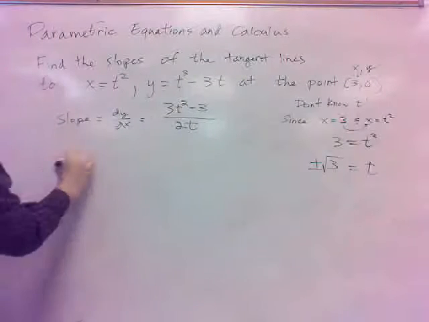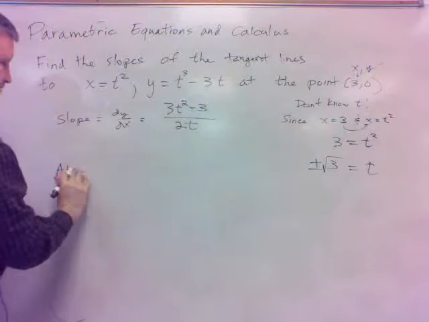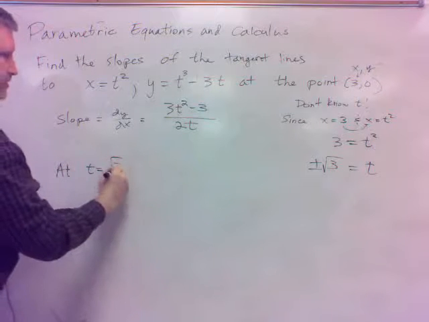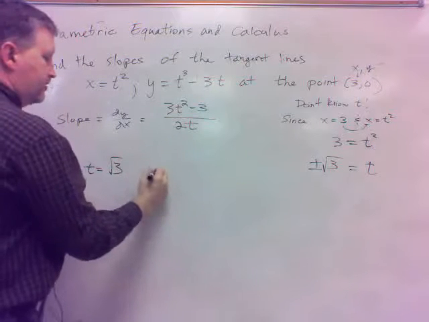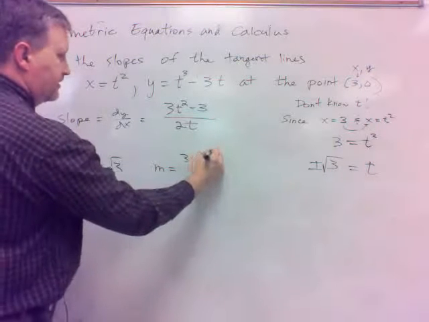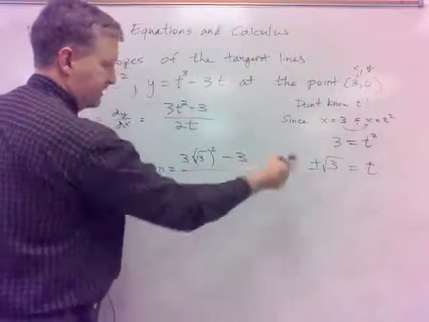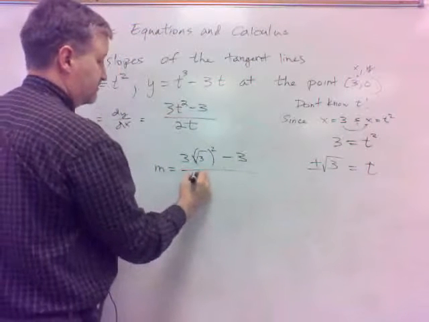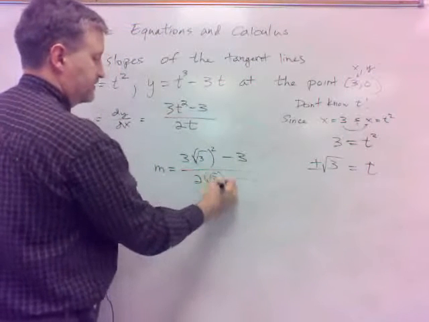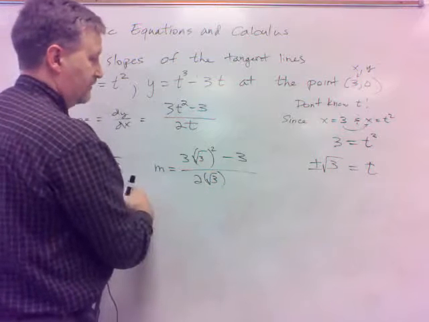Thank you. All right. So at t equals square root of 3, we'll have the slope, the m, equals 3 times the square root of 3 squared. Sometimes we can plug in both the plus and the minus, but here we can't because the bottom is going to be square root of 3 just to the first power.